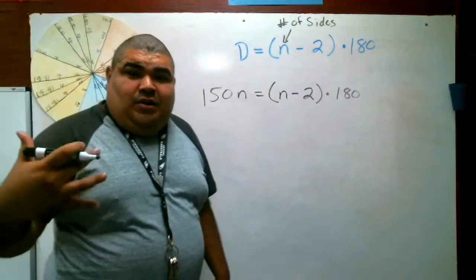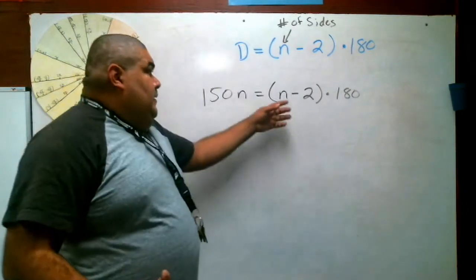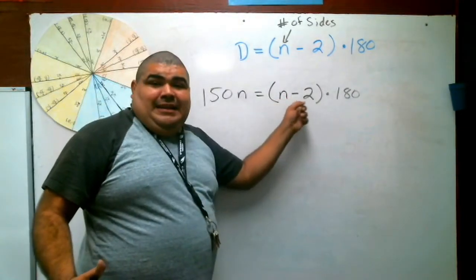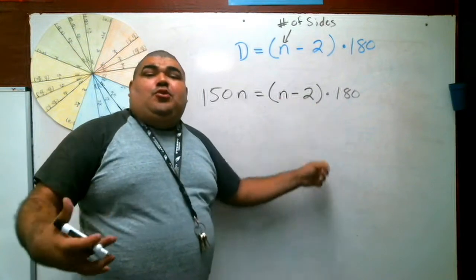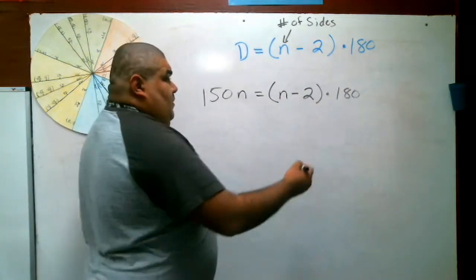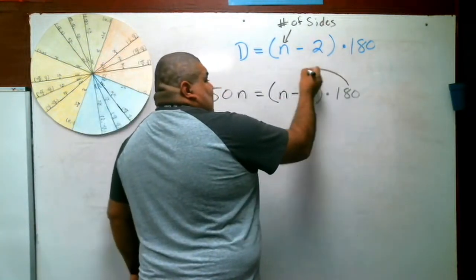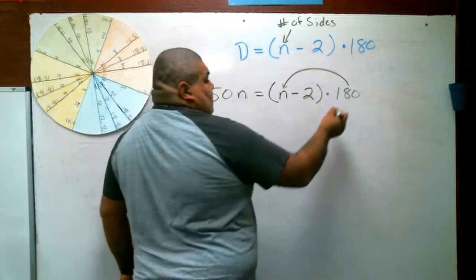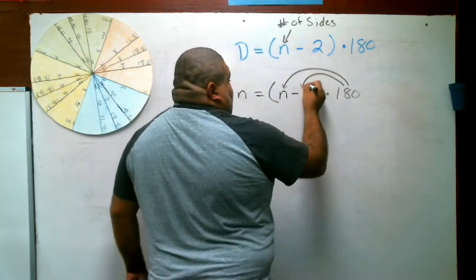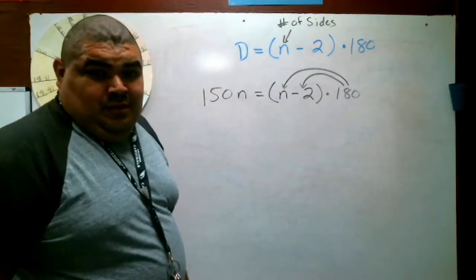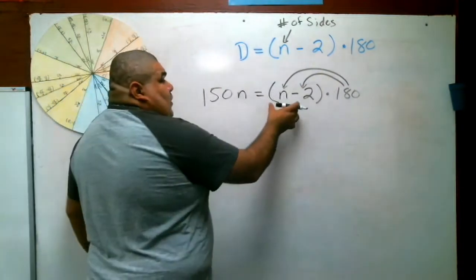The way we're going to solve this is, since we cannot combine n minus 2, we're going to use the distributive property. We move 180 times n and 180 times negative 2 to get rid of the parentheses.